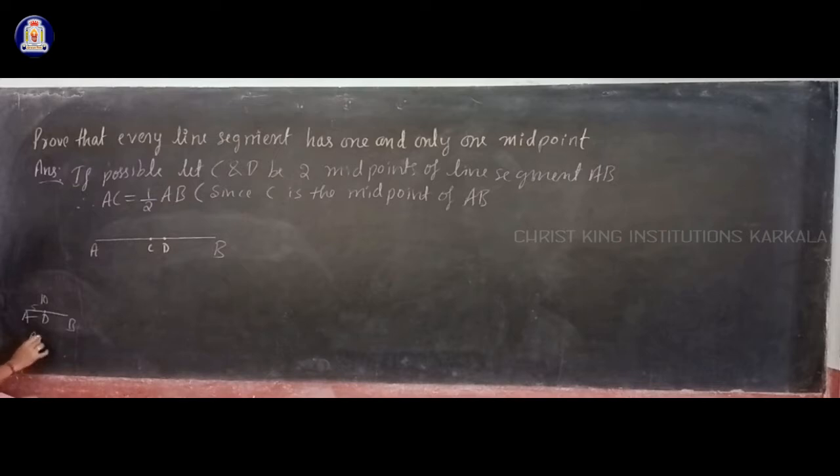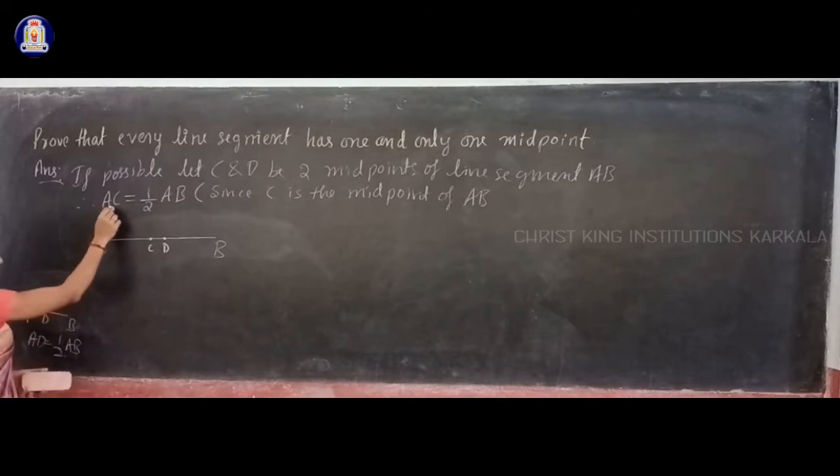So can I write AD is equal to half of AB in general? AB may be of any length, then since D is the midpoint, it lies exactly in the middle of A and B. So we can write AD is half of AB. Here I showed by example, AD is 5, that is half of 10, which means half of AB.